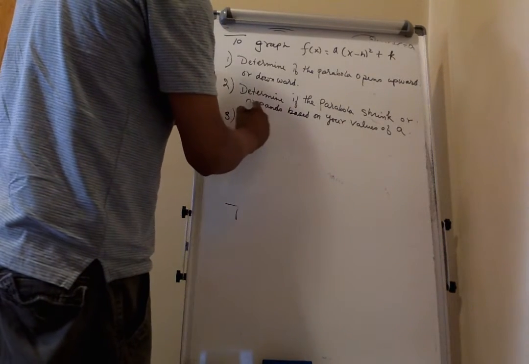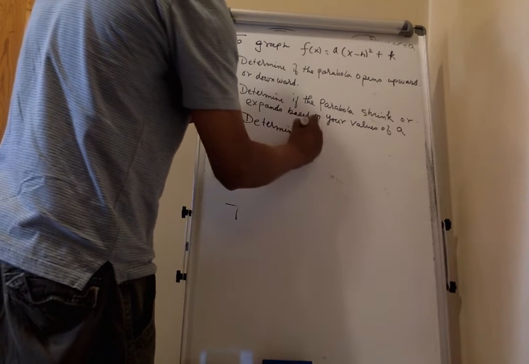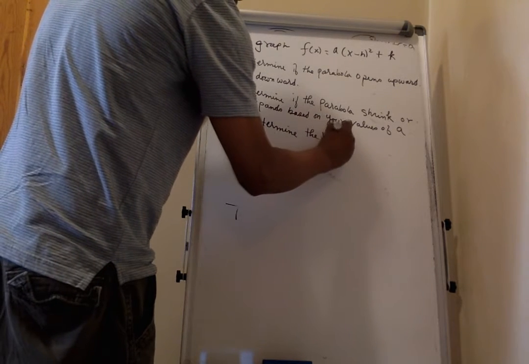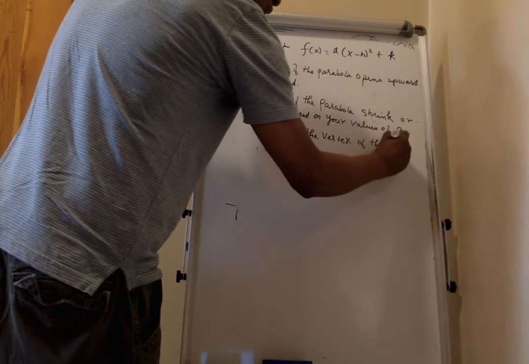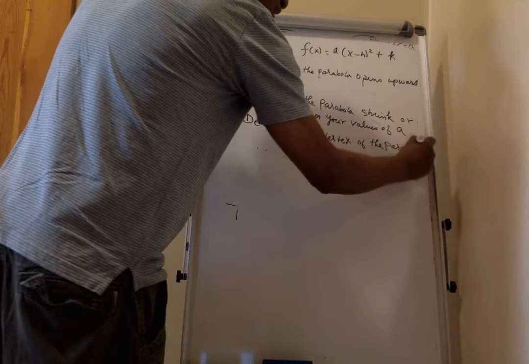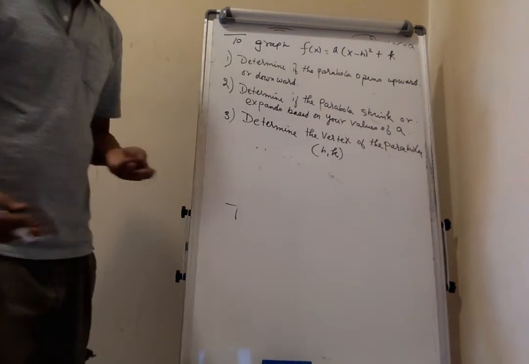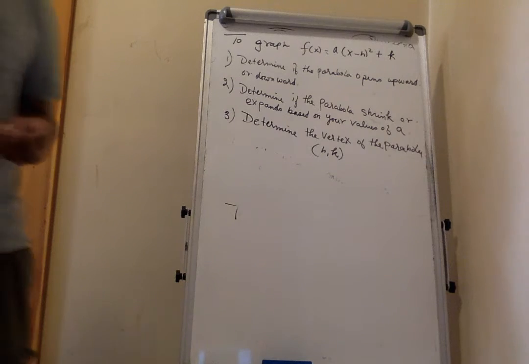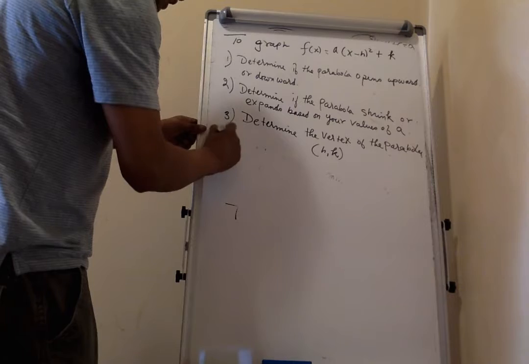Three, determine the vertex of the parabola. The vertex is always given by h and k. Determining it tells us whether the parabola has a maximum or a minimum, because it bends, unlike a linear graph.